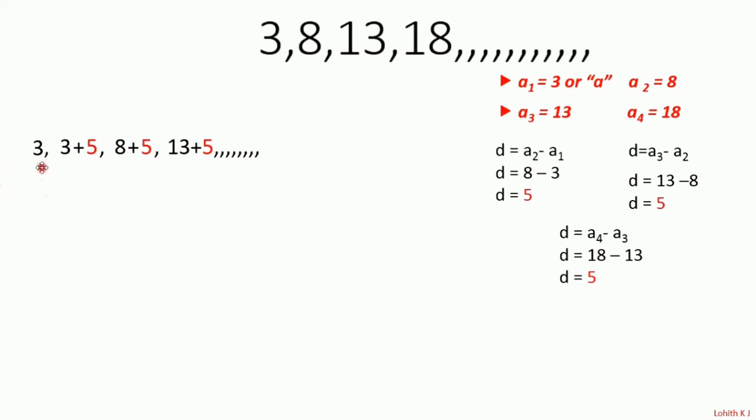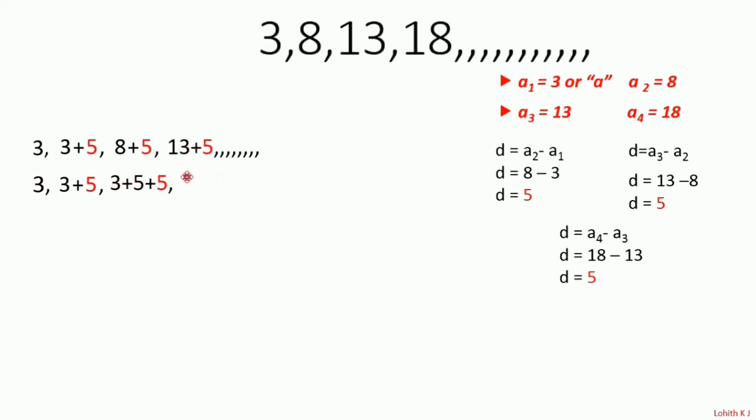Next let us rearrange this step. The first term will be written as it is, as we cannot expand this once more. Next 3 plus 5 as it is. This 8 can be expanded as 3 plus 5 because 3 and 5 are respectively first term and the common difference.